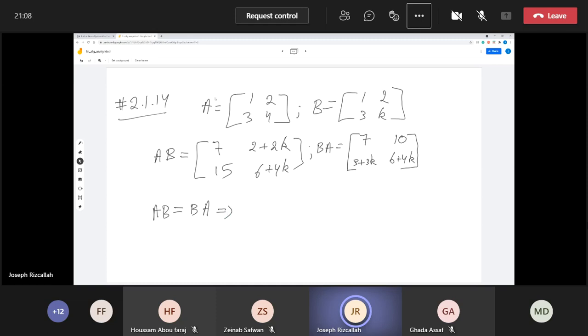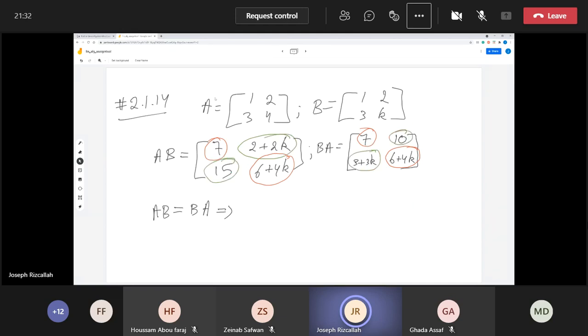These will give you nothing new, and so will this. These are always equal to each other. The only new thing you will get is when you look at the 1,2 entry and the 2,1 entry. I will circle them in green. This one here and this one here should be equal to this and this, respectively, right?